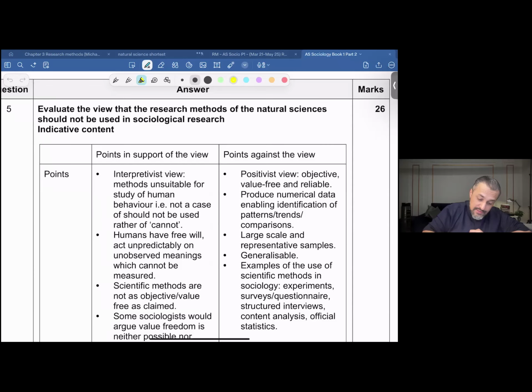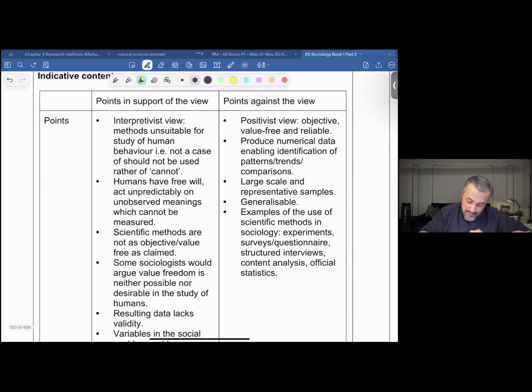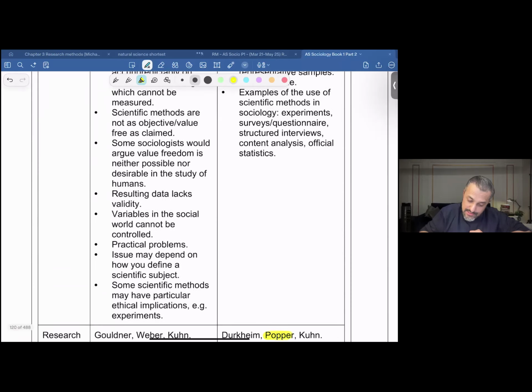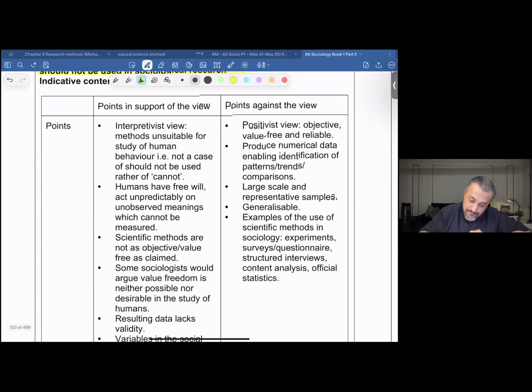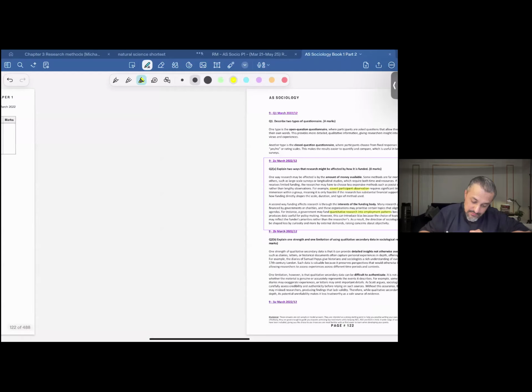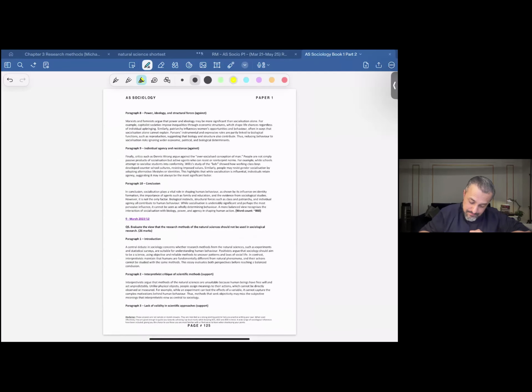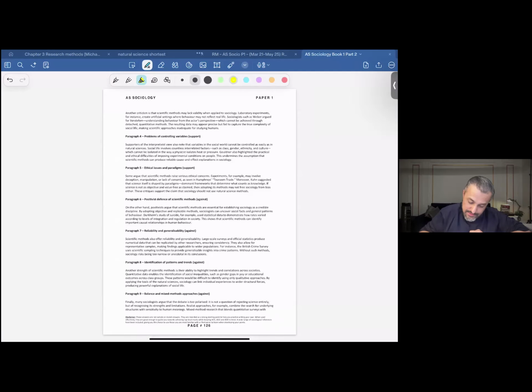Now, if this says should not be used, that means we'd be able to see Popper on the flip side of the coin. See, against the view, Popper comes in here. And if we have a look at the answer for this, I have to look for him on the opposite side.